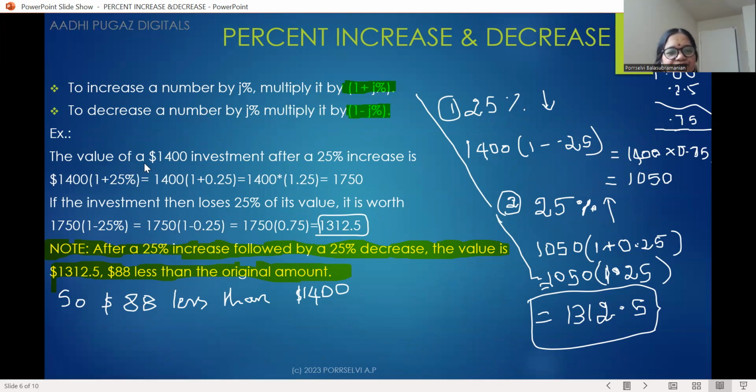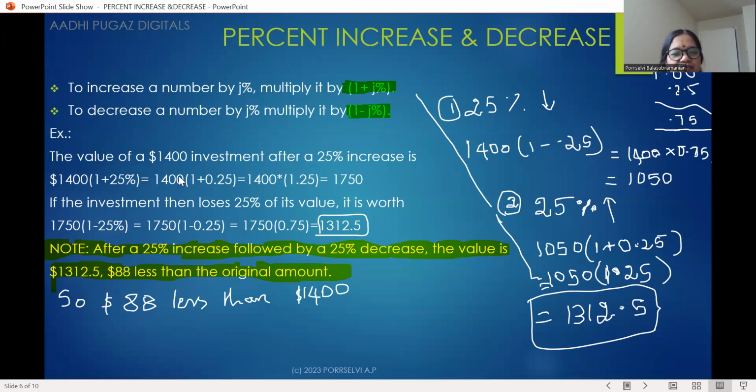The value of a $1,400 investment after a 25% increase is: we need to calculate the amount after a 25% increase. So 1,400 of 1 plus 25%. Here in the question they give the increased value 25%, so we need to add it to 1.